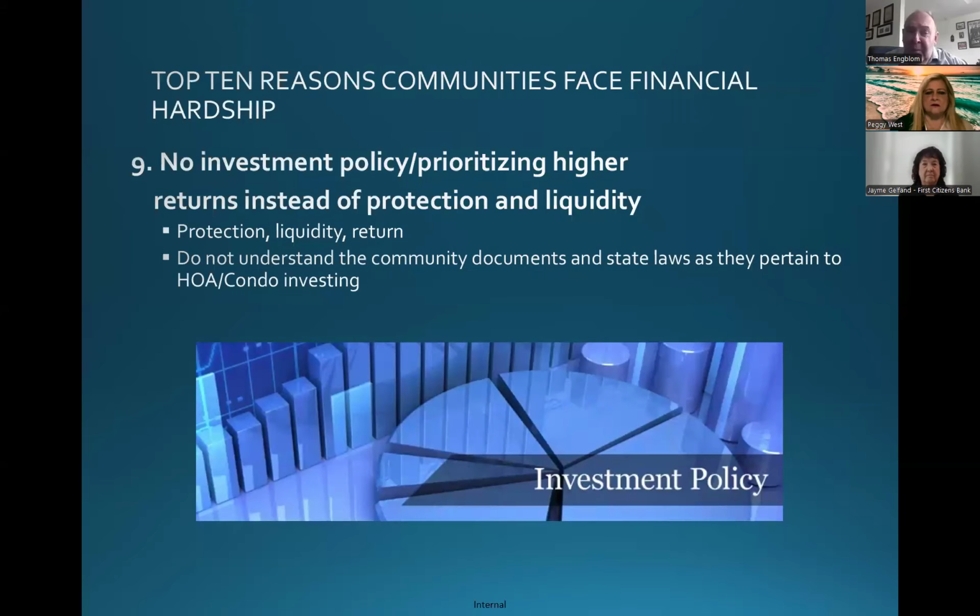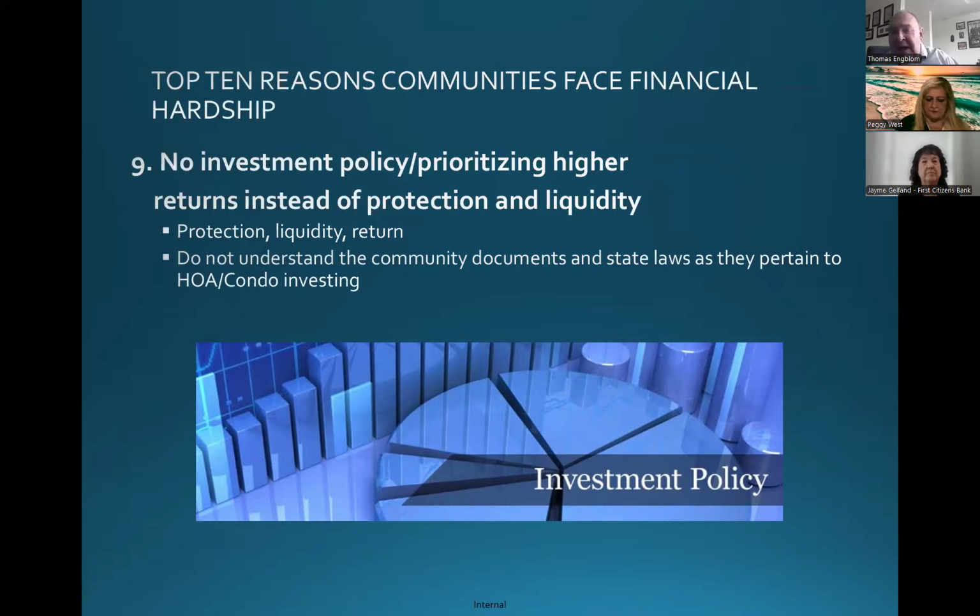But as a board member, as a manager, you never want to be criticized by the accountant or by other unit owners that you're not FDIC protected. So they have other programs out there called IntraFi, where you can invest in CDs up to $50 million, or you can do ICS, which is a liquid money market to invest in.